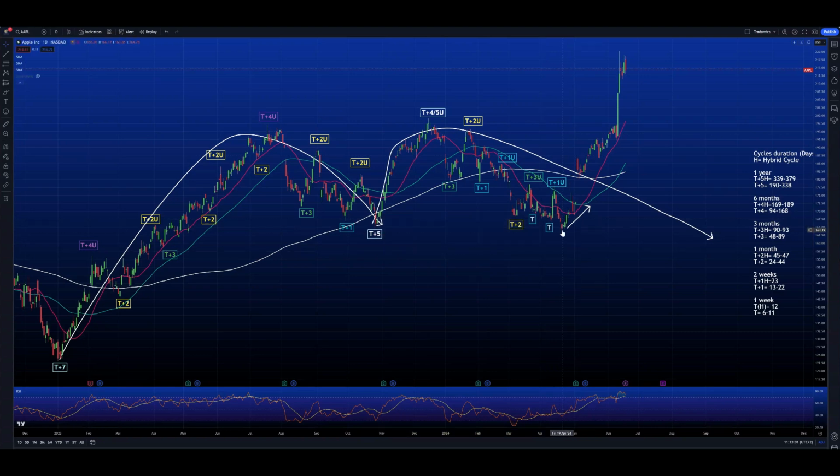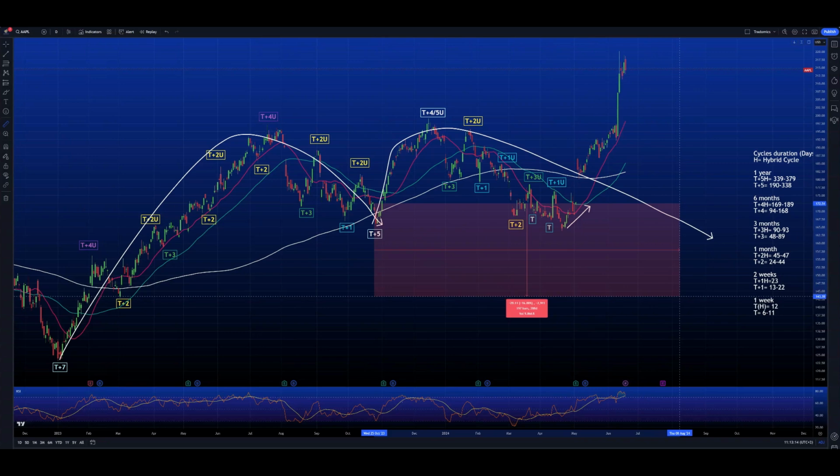With this candle actually that broke up this low, we were expecting a negative yearly downward cycle because given the minimum duration, the extension of the trend could have been to the downside at least for its minimum duration, 190 days. So we were expecting a downtrend at least till 30th of July.